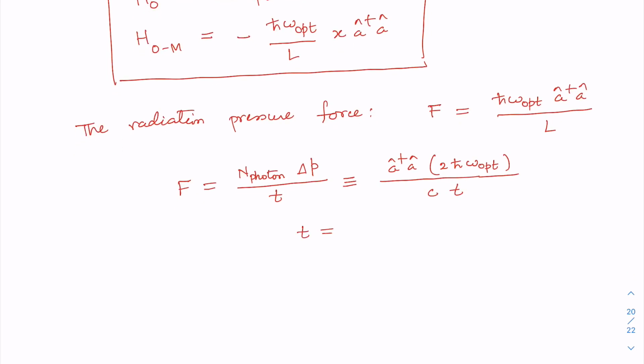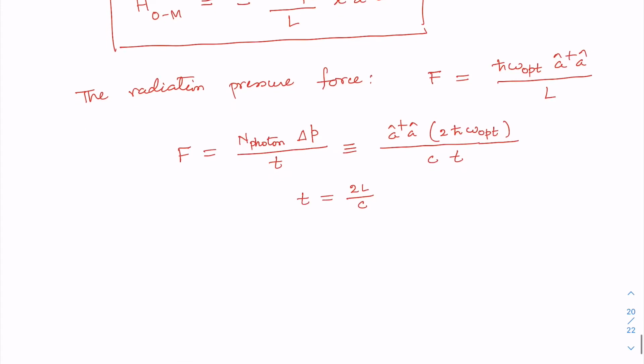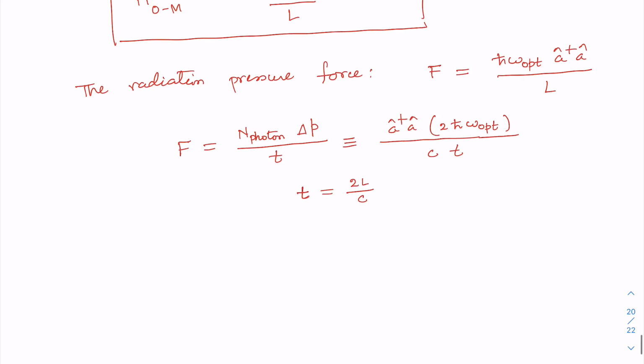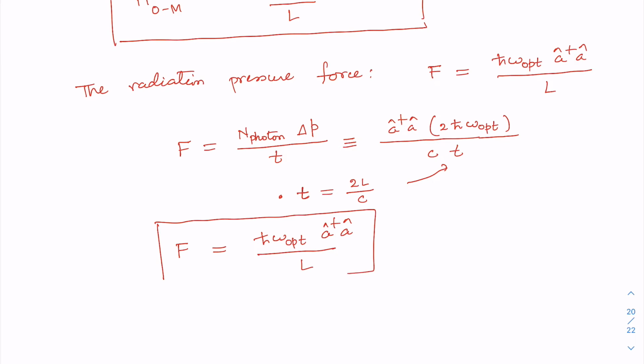But this t is basically the round trip time, t equal to, let's say, 2l by c. Because x is very small, I can take the round trip time to be like this. So if I put this in the force expression, immediately you will see that we get h cross omega opt a dagger a divided by L. So this is the radiation pressure force.